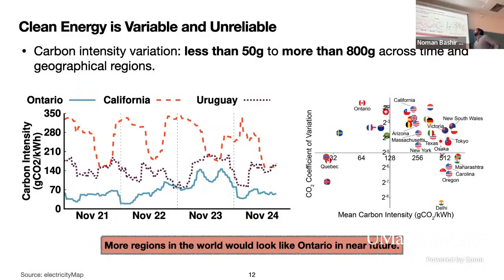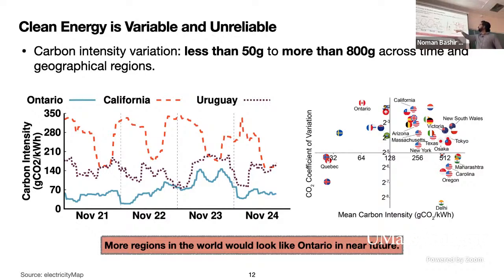So what can we do? As I mentioned a little bit earlier, we need to use more clean energy and exploit all the variations in the grid. Let's see how that looks. In this graph, we have carbon intensity for a couple of regions for, I think, 4 days.